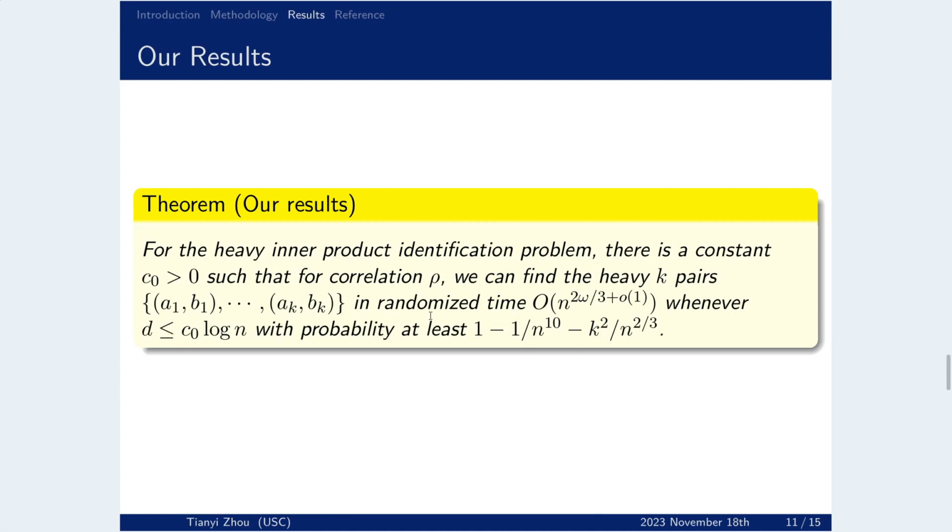With probability at least 1 minus 1 over n to the power of 10 minus k squared divided by n to the power of 2/3, we can find all the k correlated pairs.